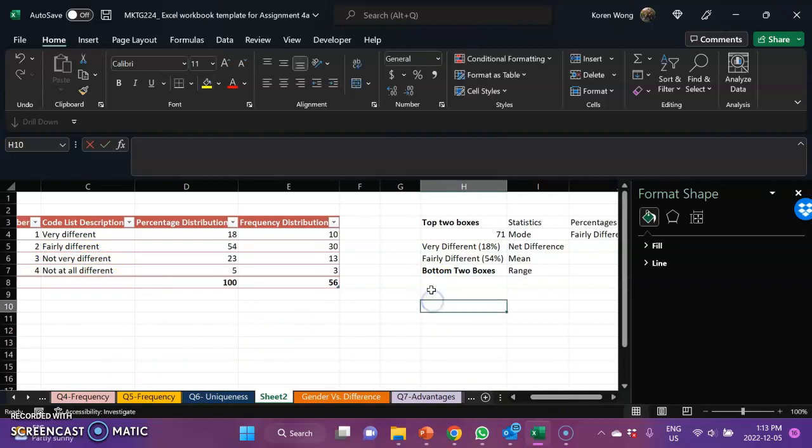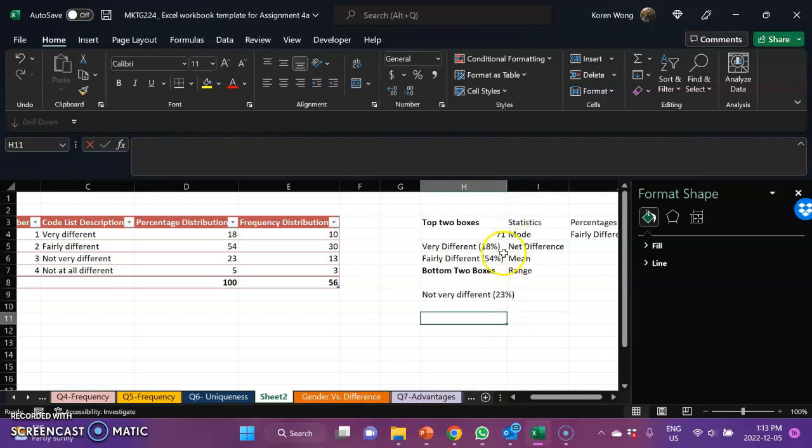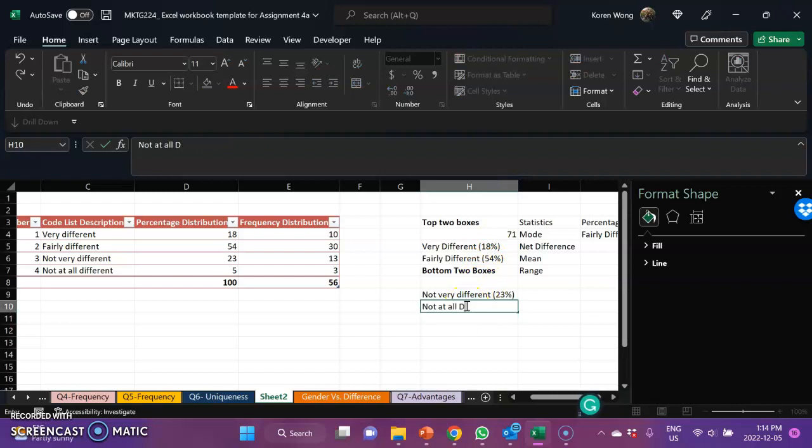So same thing, not very different, it is 23. Not at all different, that one, it is only 5%.